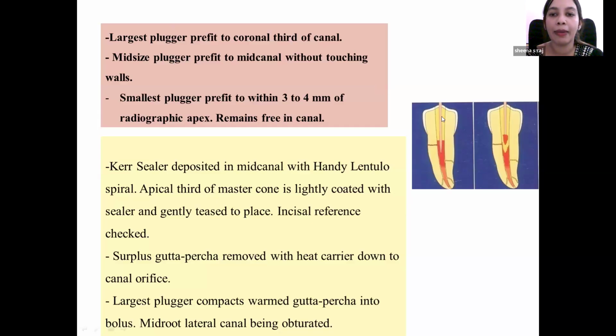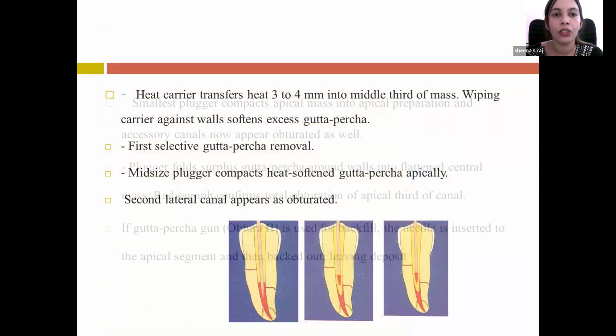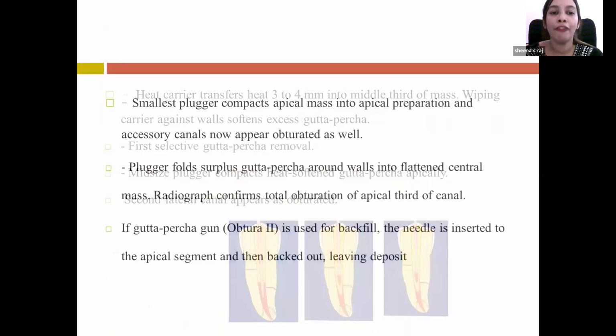The larger plunger fits in the coronal portion, the middle plunger goes into the middle third, and the smaller plunger goes to 3 to 4 mm from the radiographic apex. Like that, the heat is given and it gets condensed within the canal. So that is about the first method.